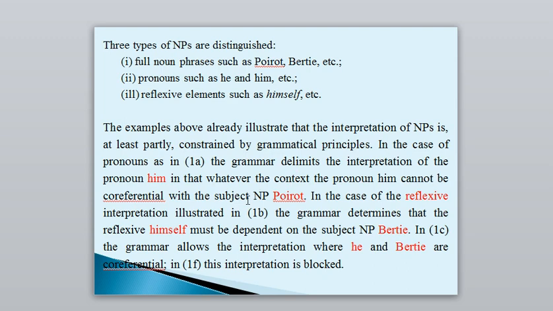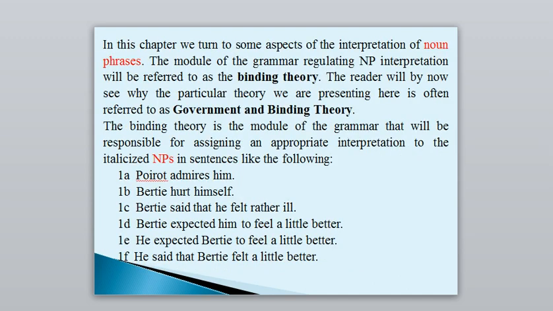For example, in the case of a pronoun, as in 1a, the grammar delimits the interpretation of the pronoun him in that, whatever the context, the pronoun him cannot be co-referential with the subject Poirot. Look at example 1a, Poirot admires him.